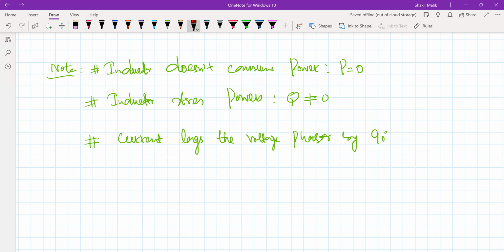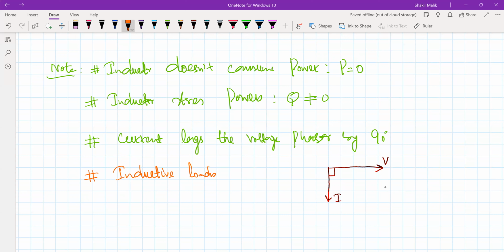If I draw it on the complex plane, if this is the voltage phasor, this should be the current phasor. The voltage phasor is ahead of the current phasor by 90 degrees. That's why inductive loads are referred to as lagging loads. So if you have an inductor in the load, inductive loads are referred to as lagging loads.